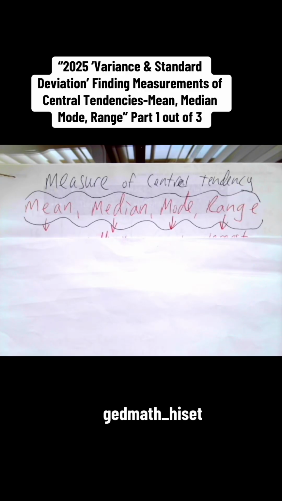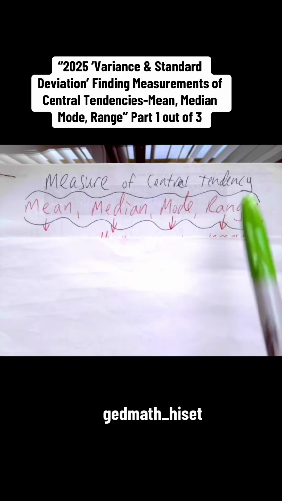So here I'd like to do a quick review in this part one video of finding standard deviation. This first part one video is going to go over a lot of terms. So, review of mean, median, mode, and range, which are measurements of central tendency.